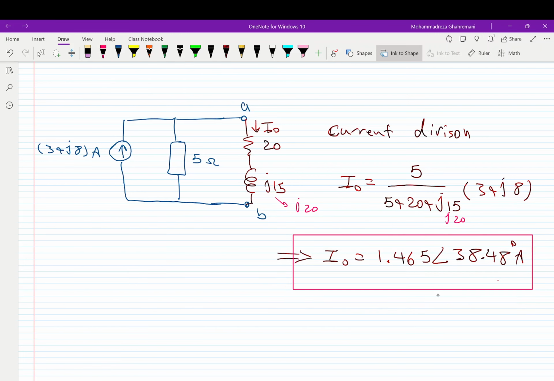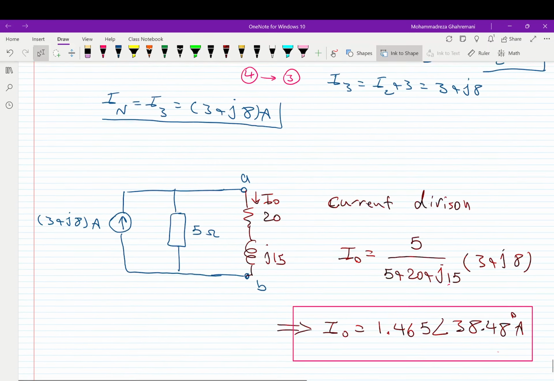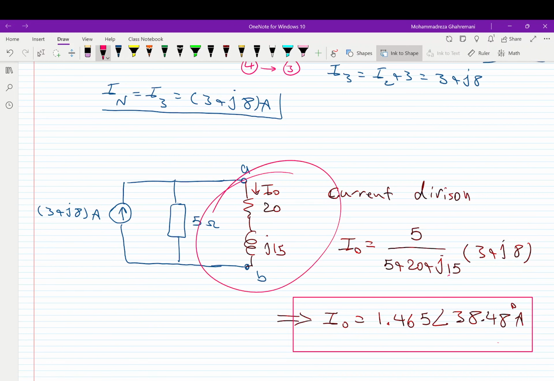Okay, so it's much easier to use the Norton equivalent circuit if the load is variable. Let's say it's the output of an amplifier which we connect to different speakers with different input resistances or input impedances.